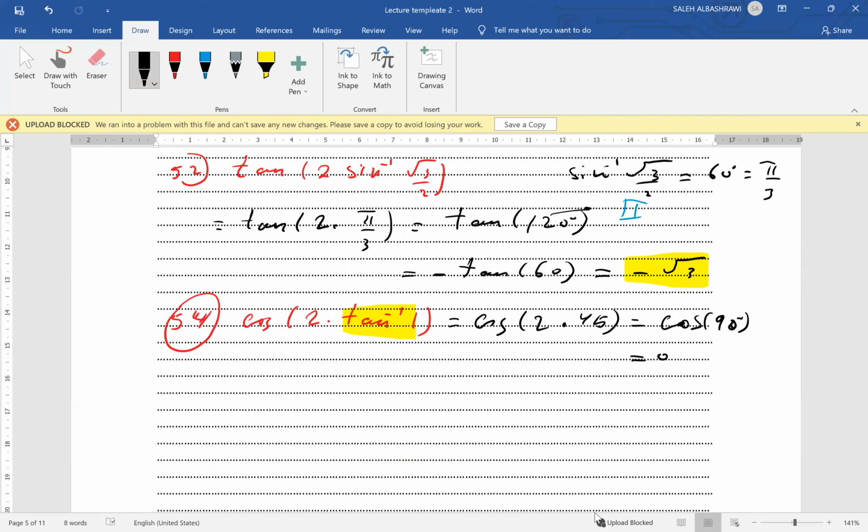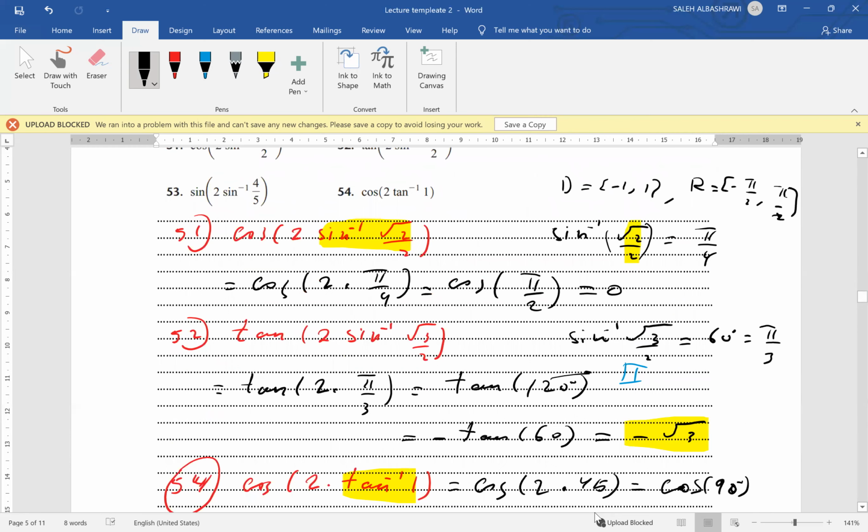Now for the last one, question number 53: sine of 2 sine inverse 4 over 5.